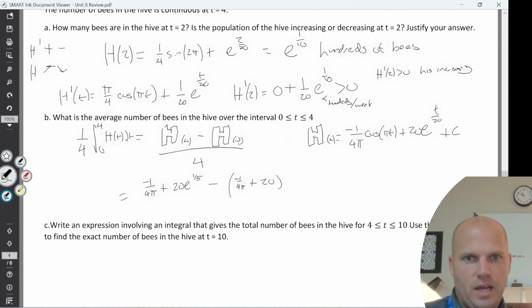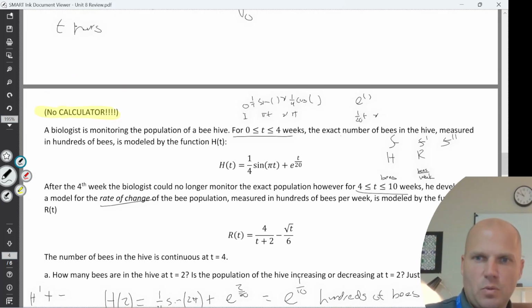This divided by 4 is the average population in hundreds of bees. Remember, if you accumulate h, you'll get bees times weeks. So make sure you divide to go back to an average bees.